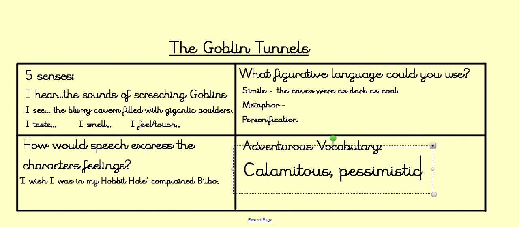And you can think of all different adventurous vocabulary for your story. So I'm only going to put a couple of examples of the kinds of words I would expect to see in your descriptive writing. However, you can choose your own adventurous vocabulary, and you can use the internet, you can use a dictionary to help you. We all know how to find synonyms.